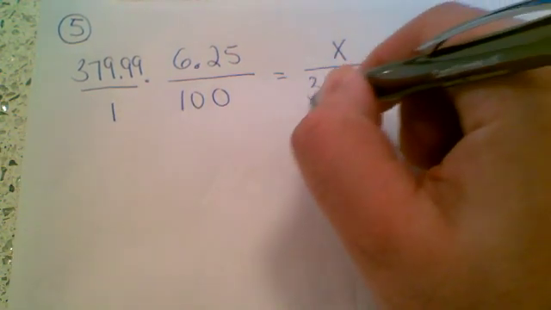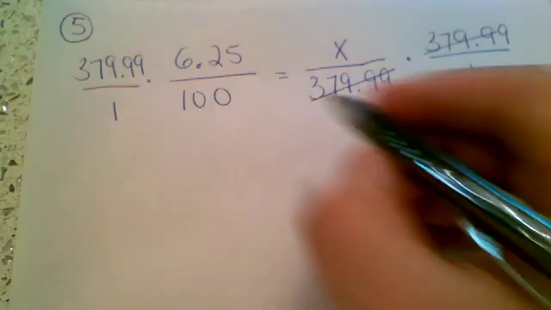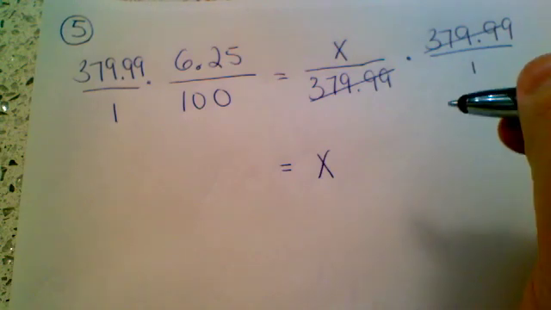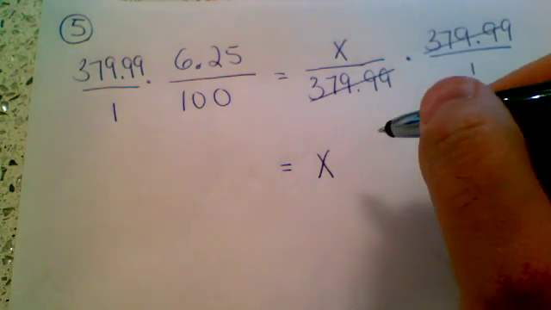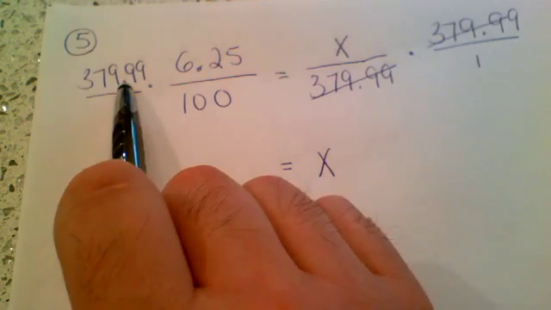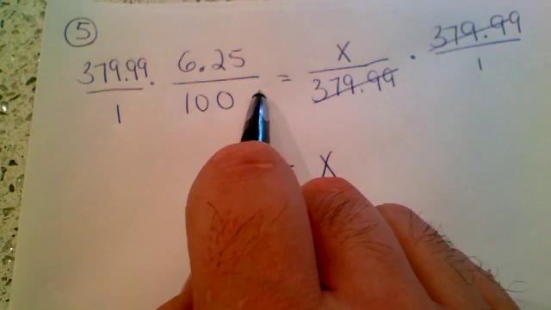Again, we know that multiplying by that number and then dividing by the same number, it's as if nothing happened. And on our calculators, we'll do 379.99 times 6.25, and then the fraction bar means divide, so we divide by 100.